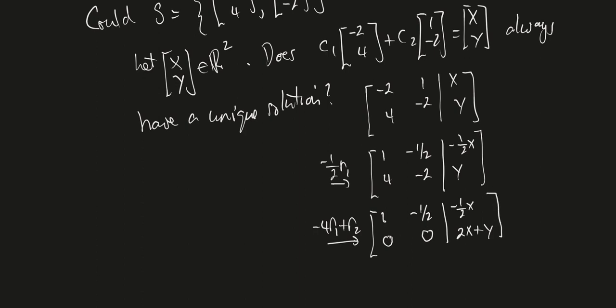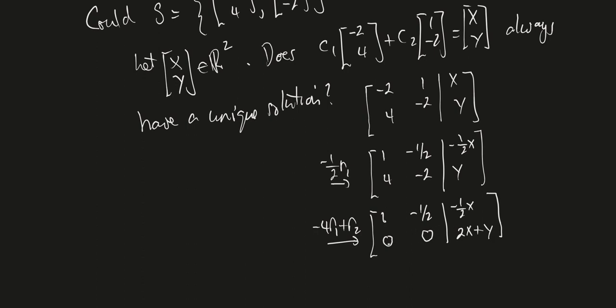So we can see several things here. This system is not always consistent, because if 2x plus y is not equal to 0, then I won't have a solution to the system. And we can also see that we're missing a pivot. So this system never has a unique solution.